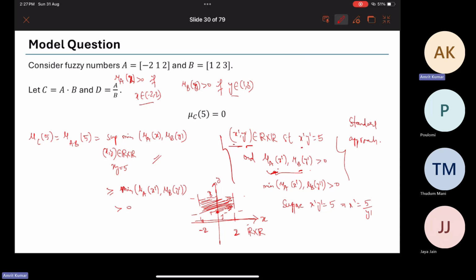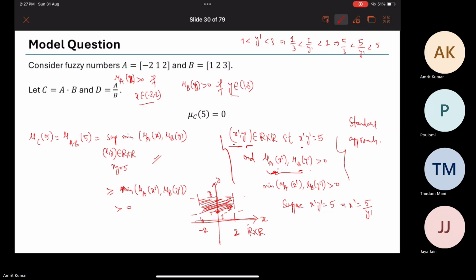Now, we want y dash to be between 1 and 3, and therefore 1 by y dash would be between 1 by 3 and 1, and therefore 5 by y dash would be between 5 by 3 and 5, right?